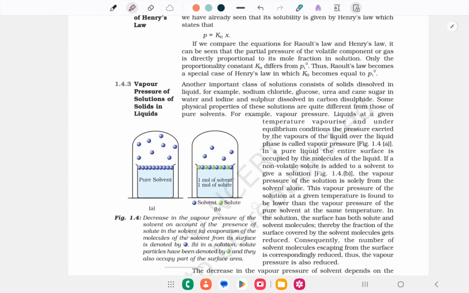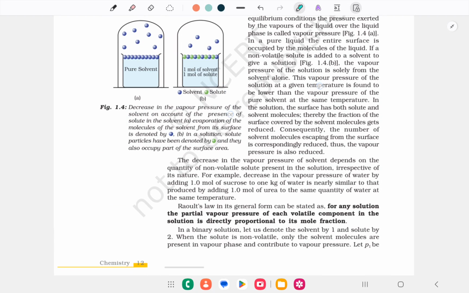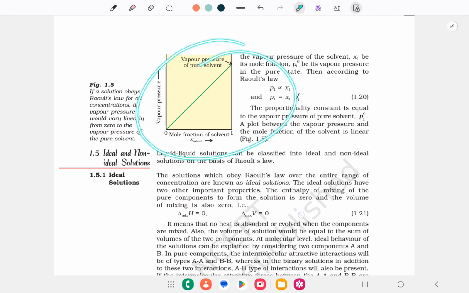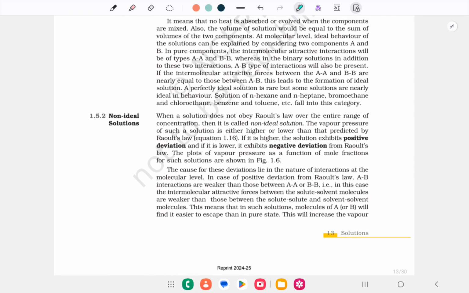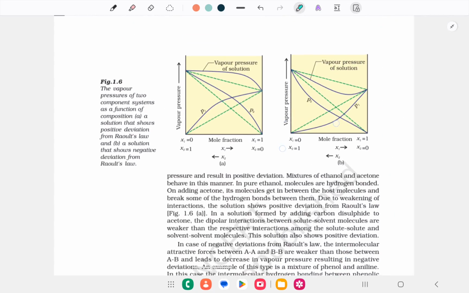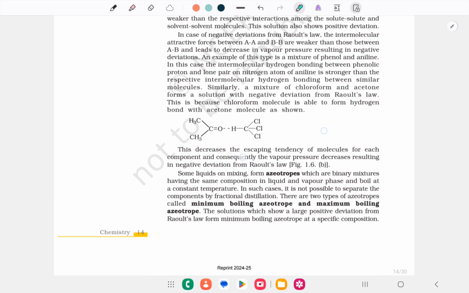This graph is done, and we have already read about non-ideal solutions, positive and negative deviations, and in these graphs we can observe the first one is about the positive deviation, and the second one is about the negative deviation, and we've also completed this.